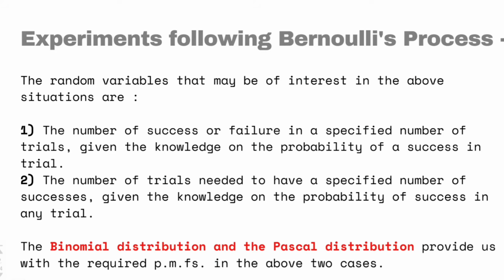Or the number of trials needed to have a specified number of successes, for example, if I want to get a 75% success rate, how many trials I'll need to conduct. Then for such distributions that we need to find, we need to use the binomial or the Pascal distribution.